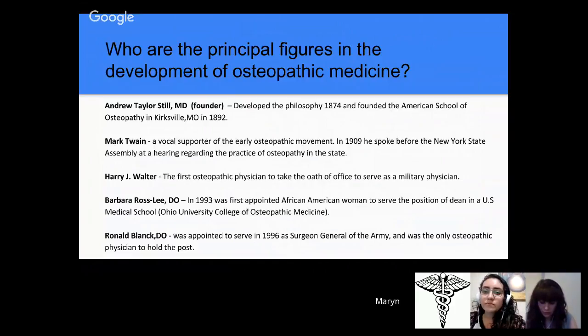Barbara Ross Lee was the first appointed African-American woman to serve as dean of the Ohio University College of Osteopathic Medicine. And Ronald Blank was appointed to serve as Surgeon General of the Army and was the only physician to hold that post.